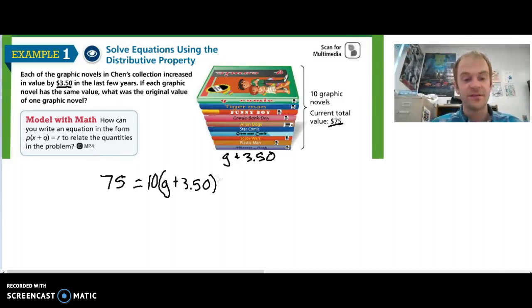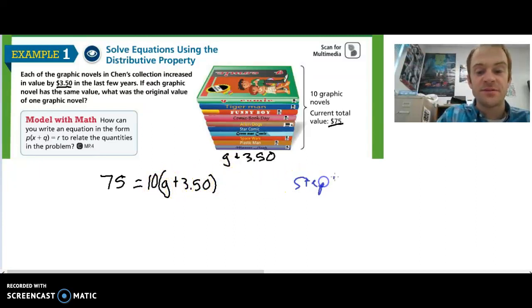Now what we do for solving this, there's kind of two ways we could go about this. The simplest is, what is the operation going on between the 10 and the thing inside the parentheses? Well, we know that what's going on here is multiplication. So my first step is I'm going to do the inverse of multiplication. So instead of multiplying 10 to each of these terms inside, which is what I would do with the distributive property, I can actually just divide both sides by 10.